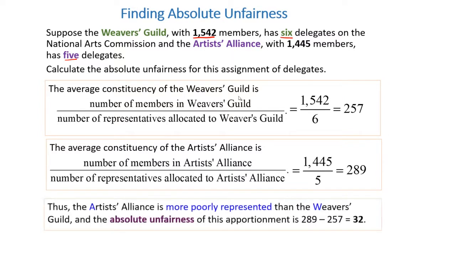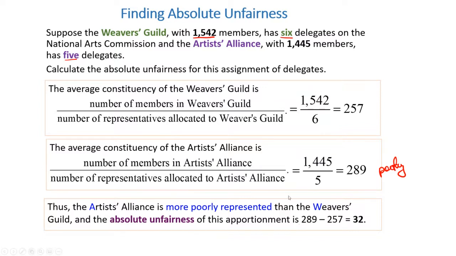So we see that Artist Alliance is more poorly represented, and the absolute unfairness is 289 minus 257, which is 32. So it tells us something, but actually to compare different unfairnesses, we need a relative number.